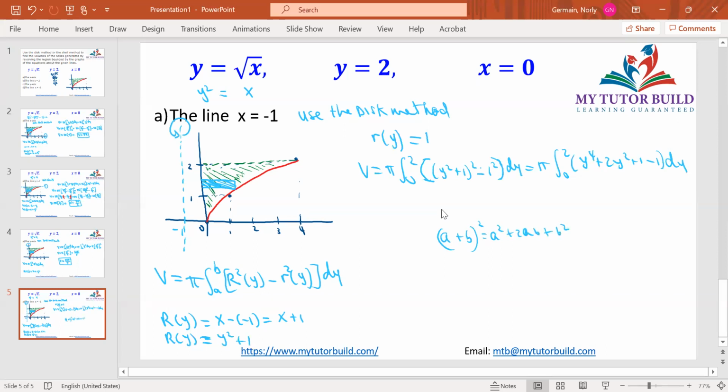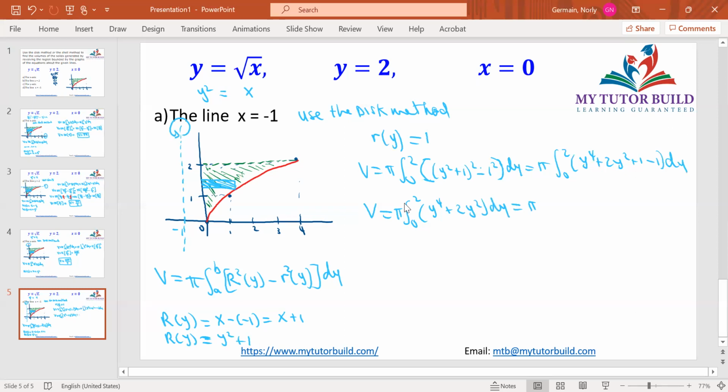That's how y squared squared gives us y to the 4th, plus 2 times y squared times 1 gives us 2y squared, plus 1 squared gives us 1. So next, we simplify because it's still 0 to 2. 1 minus 1 is gone. We have y to the 4th plus 2y squared dy.